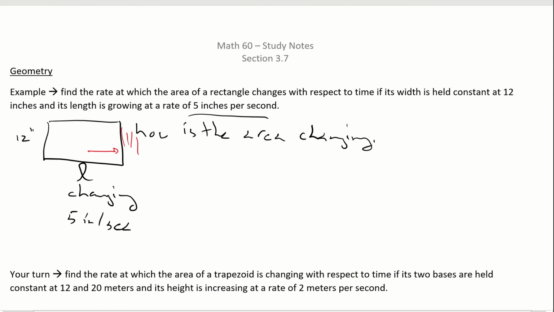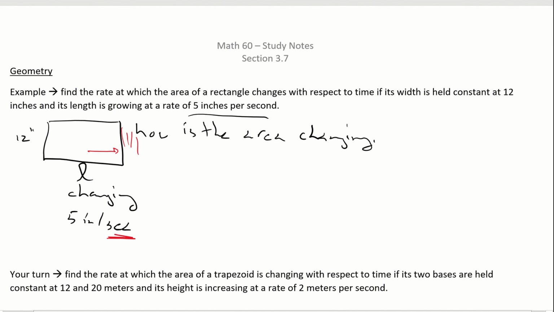Because what's happening is, you see this word seconds? The length is actually a function of time. I don't have to write the function or anything. Actually, it's a little bit easier than that. What I want to do, though, is use a geometric constant. How are length and area of a rectangle related?